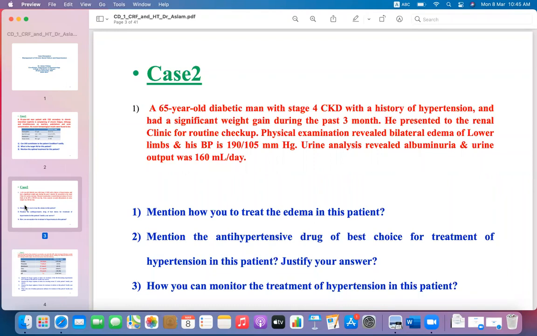Physical examination revealed bilateral edema of the lower limbs, and his blood pressure is 190 by 105 millimeters of Hg. Urine analysis revealed albuminuria, and urine output was 160 ml per day. So this is a case of a chronic kidney disease patient with hypertension.